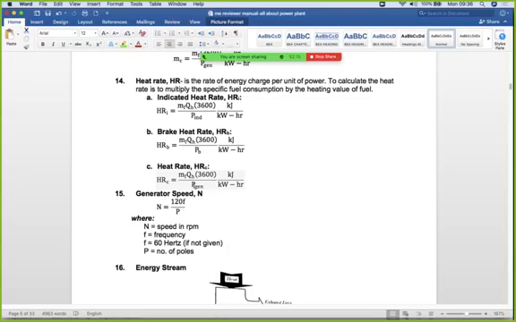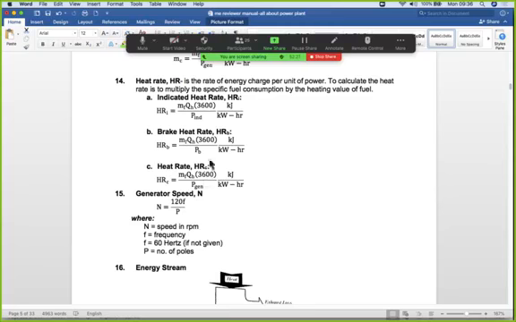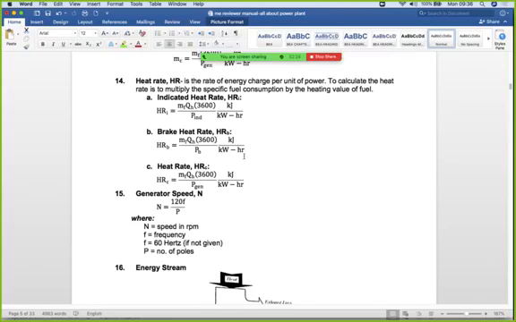But then again, when you talk about heat rate, always remember the unit. The resulting unit will be kilojoules per kilowatt hour. Always remember that. If you do not reach that kind of unit conclusion, it means your answer is definitely wrong. The outcome of the computation will always come out in kilojoules per kilowatt hour.